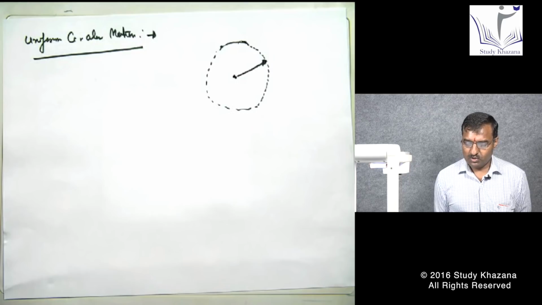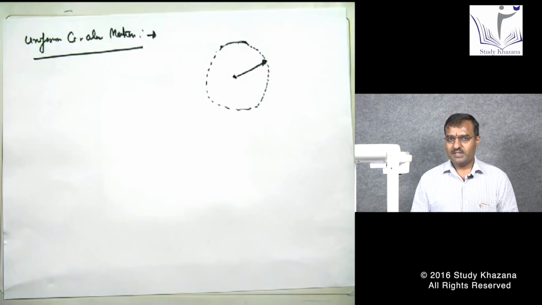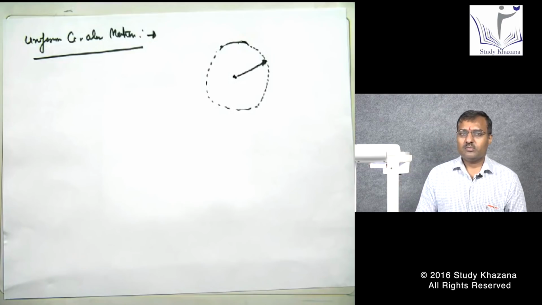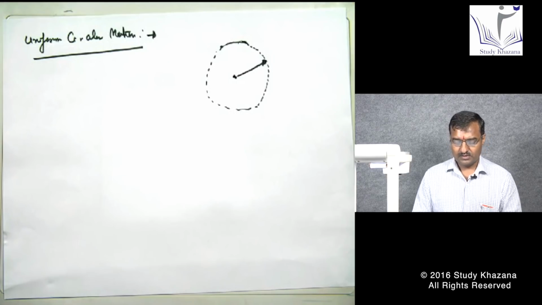So in circular motion, what we have to study is whether there is a change in velocity, or whether the motion is a uniformly accelerated one, or what type of motion it is.